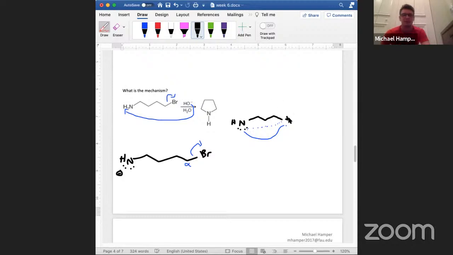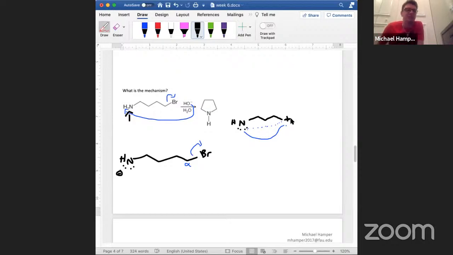All right, so you have this. The Br leaves. Now this OH is again going to remove a hydrogen from that. So the OH does not attack the Br. The nucleophiles do not attack the leaving group. In general, the nucleophiles replace where the leaving group was.